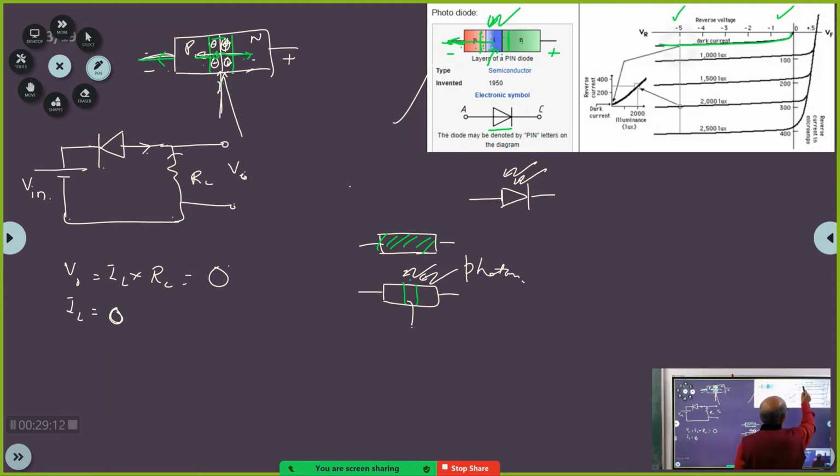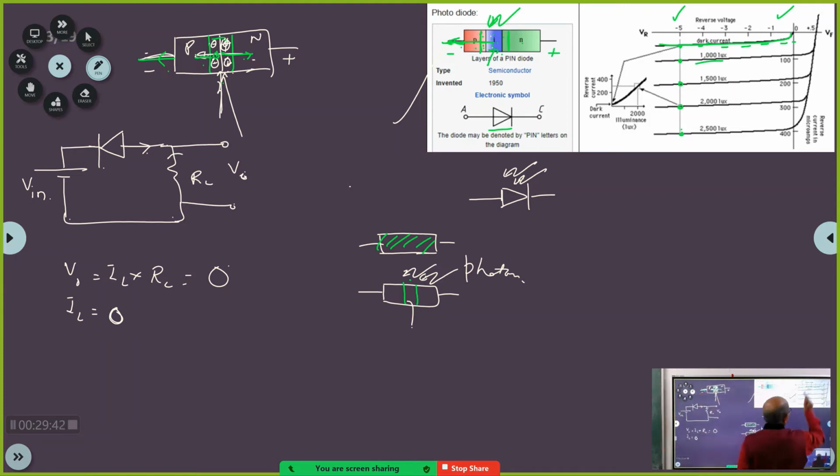At minus 5 volts you will have this much current, which will be a very, very small current. Now, if the intensity of light slightly increases, they have told here 1000 lux. The intensity of light is measured in lux. Then the reverse bias current will increase by this much. And if you increase the intensity further, the reverse bias current will keep on increasing. Can you see this?